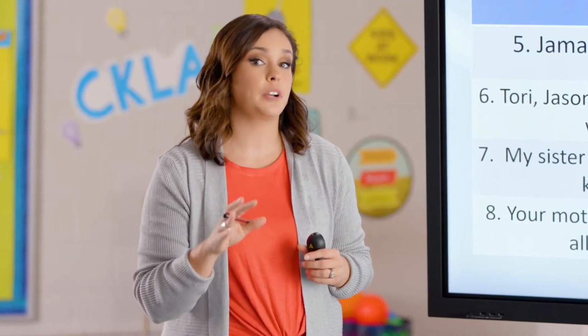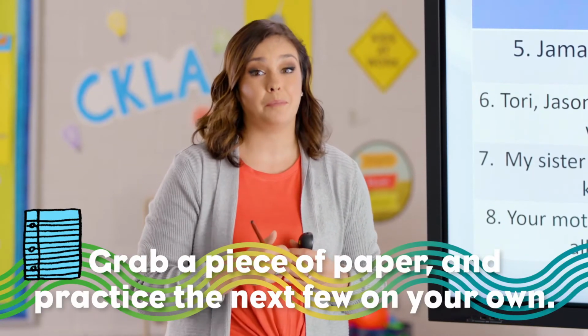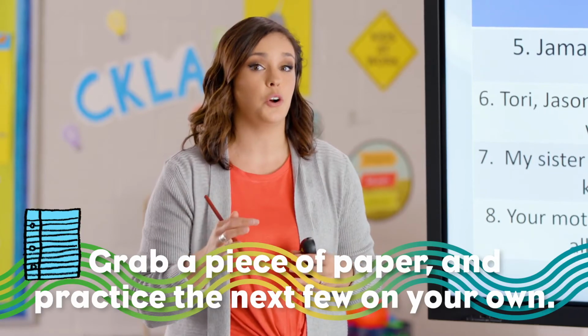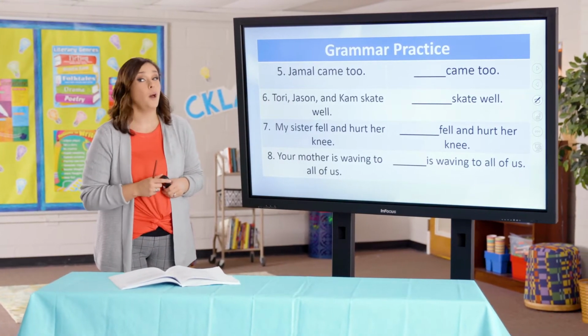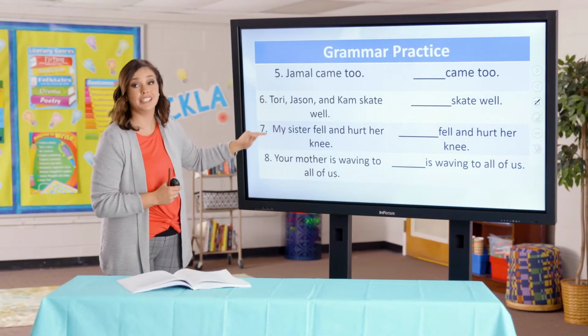So we did the first four together, but now I want you to take out a piece of paper and practice the next few on your own. Go ahead and number your paper 5 through 8 and think about what pronouns you could use in place of these nouns.